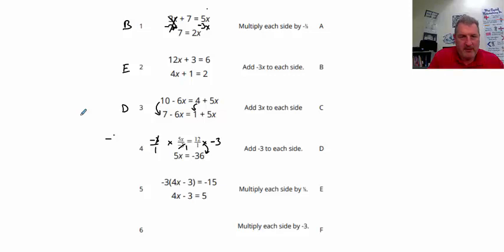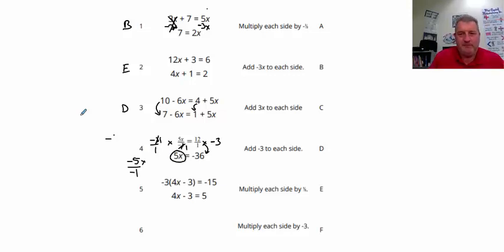We cross cancel out here. Negative 1 times 1 is negative 1. 5 times negative 1 is negative 5. Negative divided by a negative is a positive.